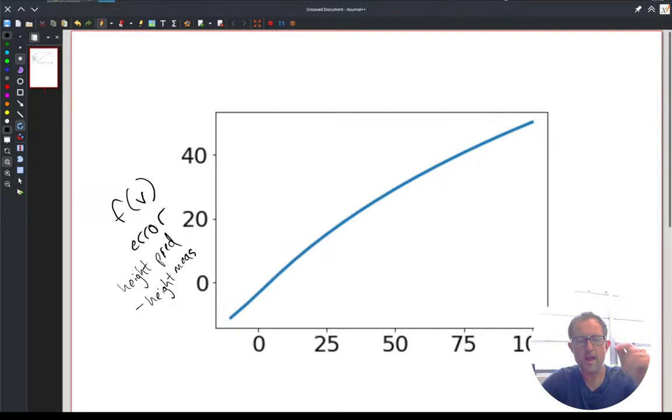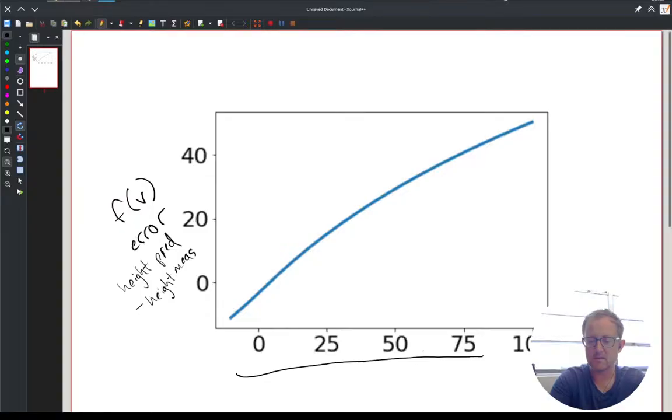So on this y-axis, we're looking at what the error is between our model and the actual measured height. And it could be the measured height, or it could be like some kind of fixed value. And then on this axis down here, we have like v guess.